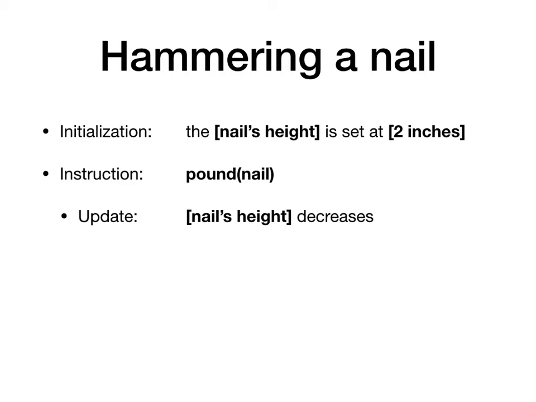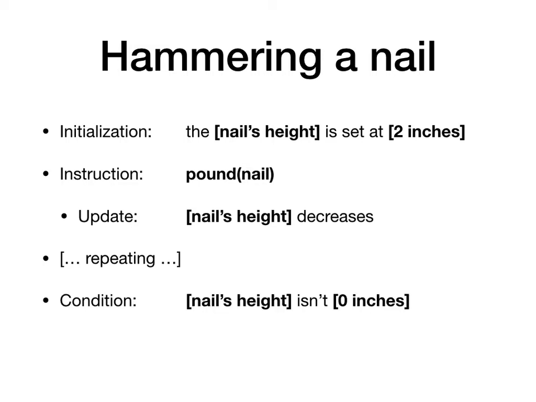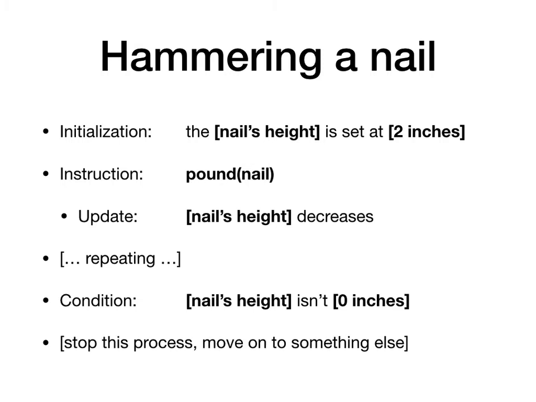We get an update for free out of this because we change the nail's height. We make it shorter, the distance of its head from the wall. That's what I'm calling the height. We repeat this over and over. Pound, check the height. Pound, check the height. We're allowed to do this as long as the nail's height isn't 0 inches, right? Once it's 0, we stop and then we move on to have dinner or whatever, right?